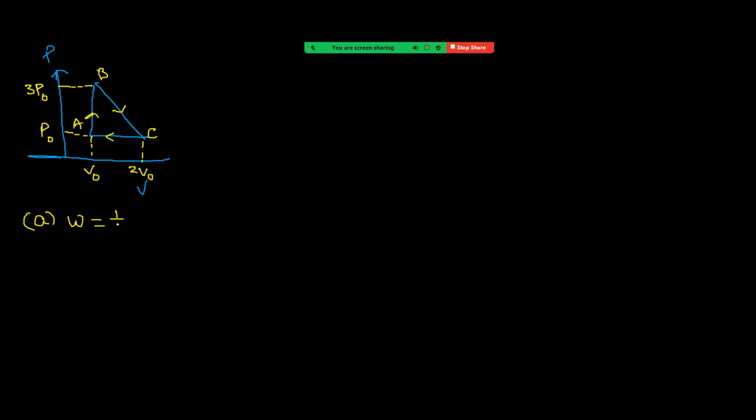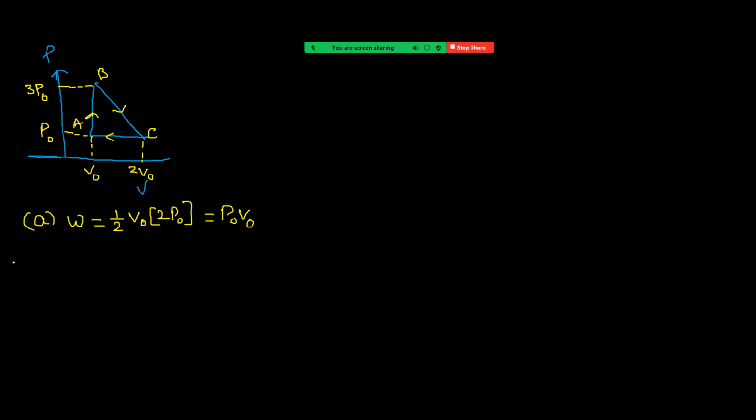Half, base equal to V naught, height is 2 P naught. That means it is equal to P naught V naught. And this is positive because it is clockwise. Work done is positive.